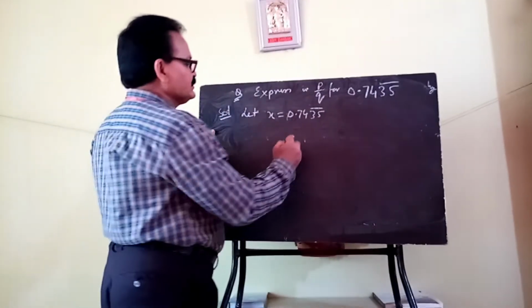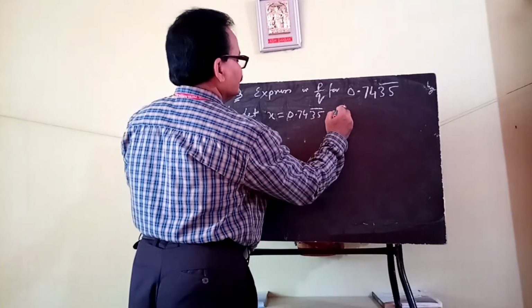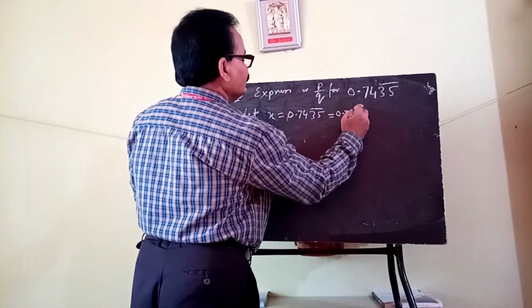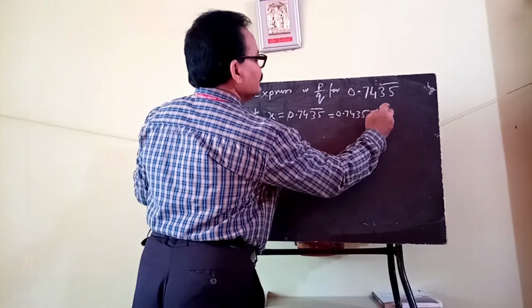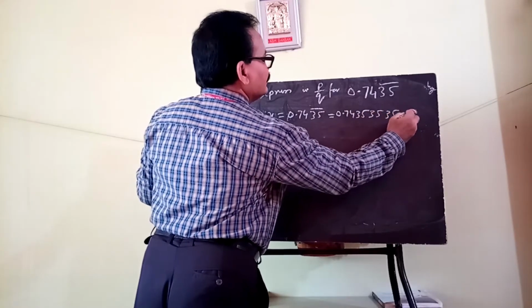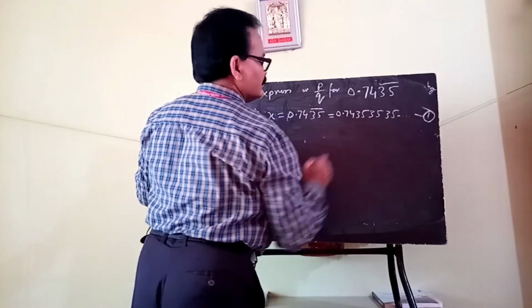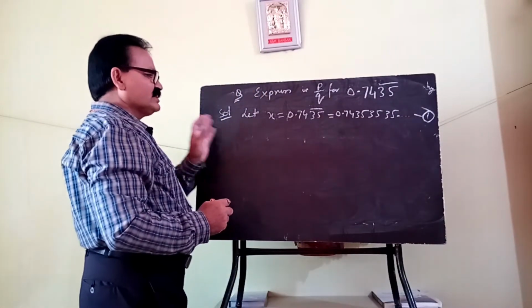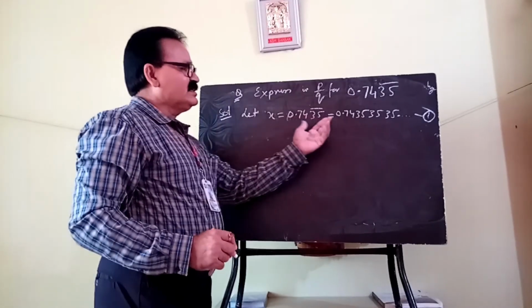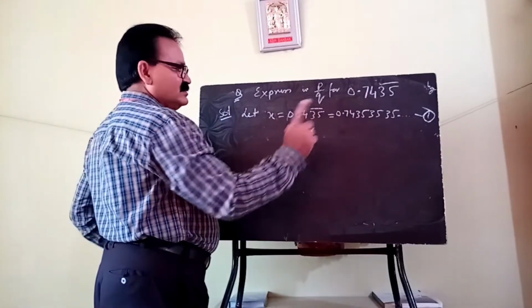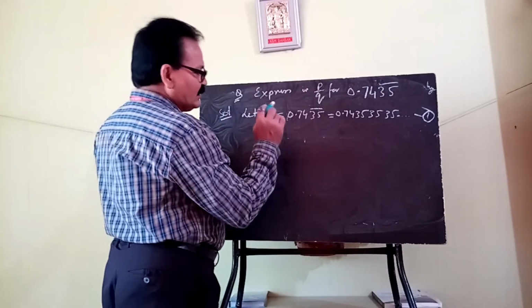In this case, you just expand it: 0.7435 35 and so on. Call this equation 1. So this is the compact form of your recurring decimal. You expand it. Okay, now you see what your target is.